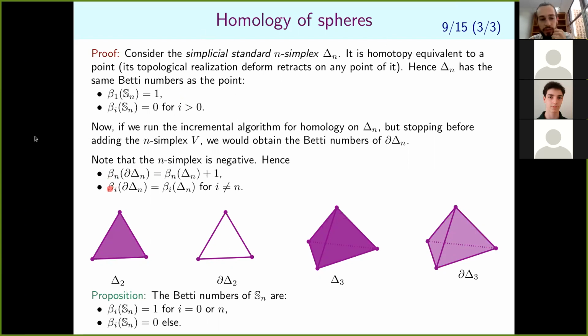You can say that the Betti number of the boundary is the Betti number of the standard simplex plus 1, and the other Betti numbers do not change. And so this is how we obtain the result.